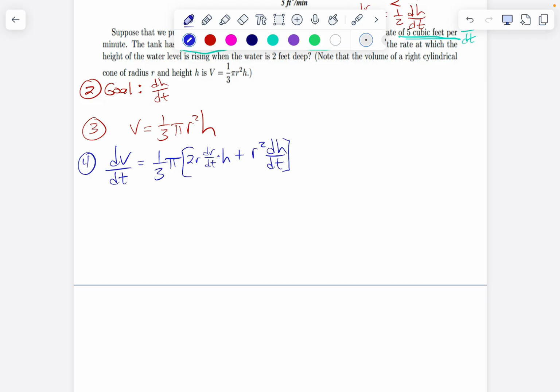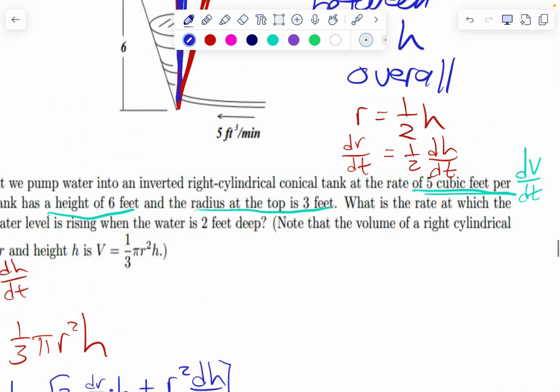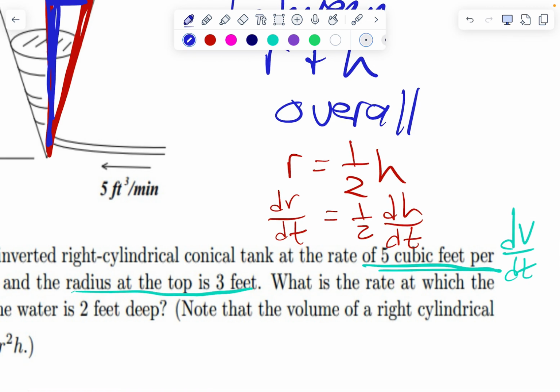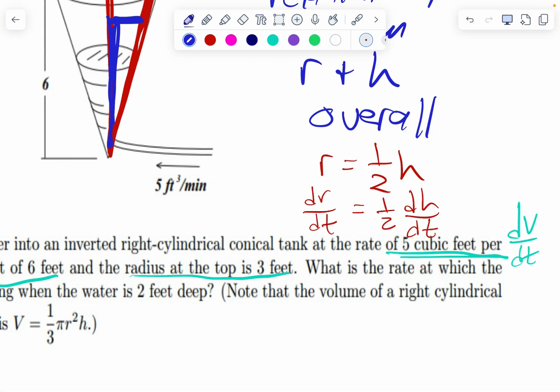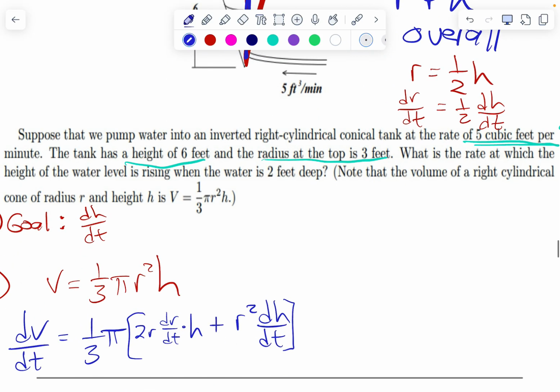So that leaves this one, the dh/dt, to solve for, if that makes sense. Well, we don't have dr/dt as a number, but we have dr/dt as an expression that goes back to dh/dt. Okay? So as long as we can eliminate that variable, even if it's in terms of another known one, that's okay. Or another one we're solving for, excuse me.